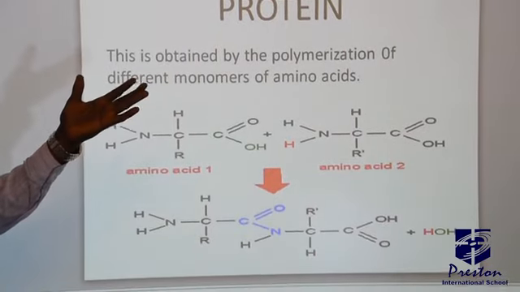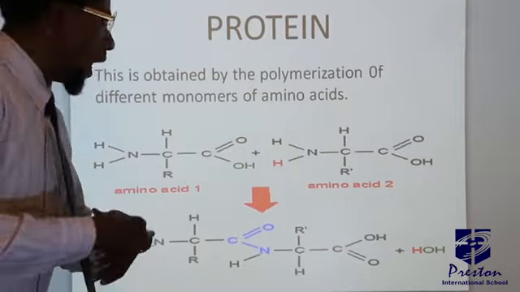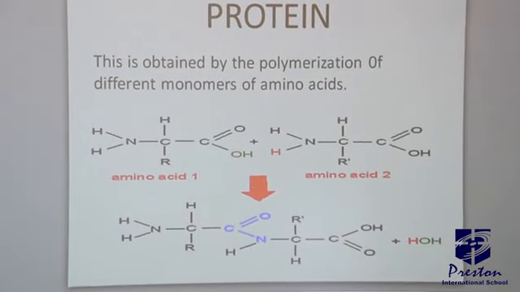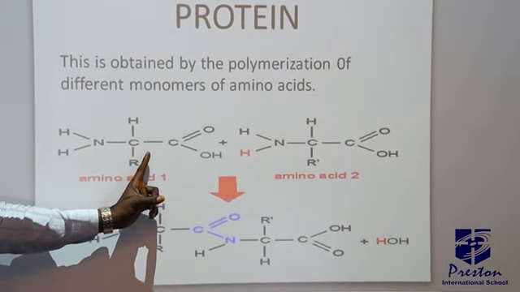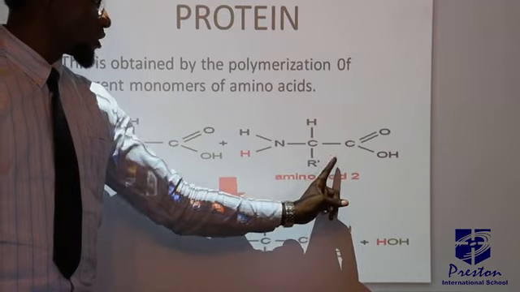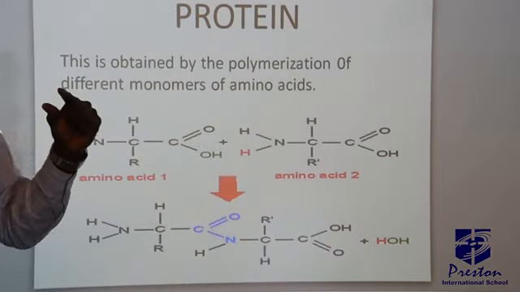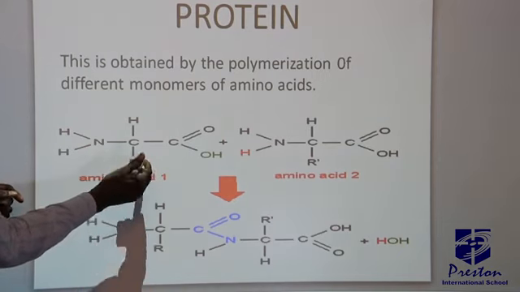We have as many as possible numbers of amino acid: alanine, glycine, phenylalanine, etc. Now, this is the general structure of protein, and this is also the general structure of protein, that is the amino acid.